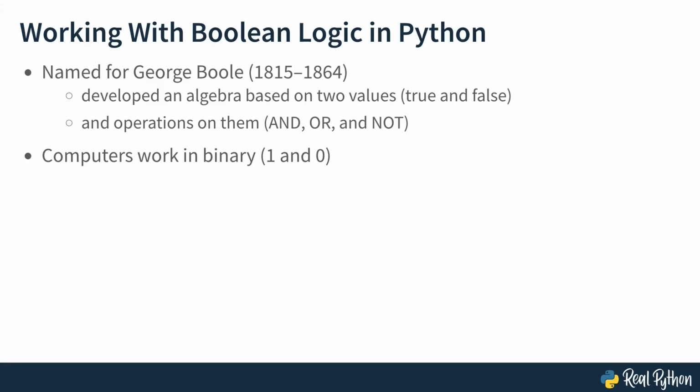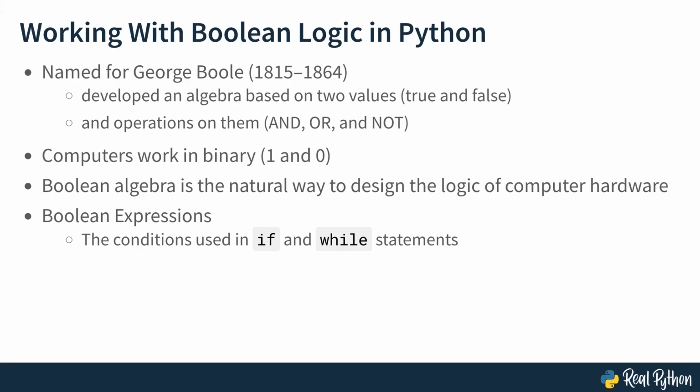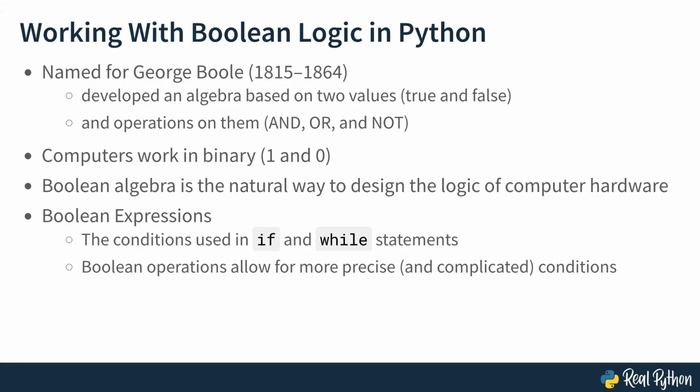Since computers work in binary, two values, although we call them 1 and 0, Boolean algebra became the natural way to design and build computers. Boolean expressions are the types of expressions we use in if and while statements. The use of Boolean operators can allow you more precise and sometimes more complicated conditions to describe which branch of an if statement to execute or when to repeat an iteration in a while loop.